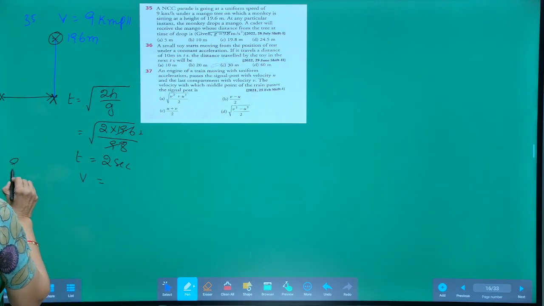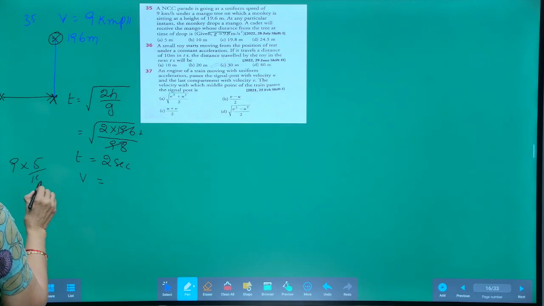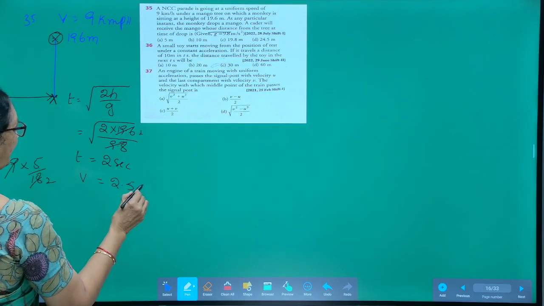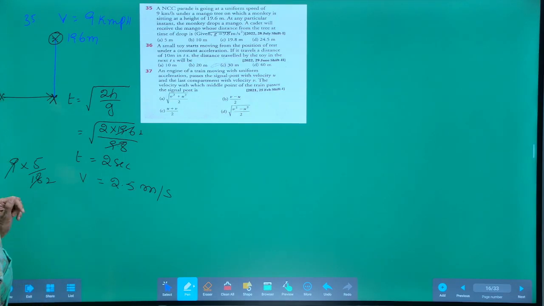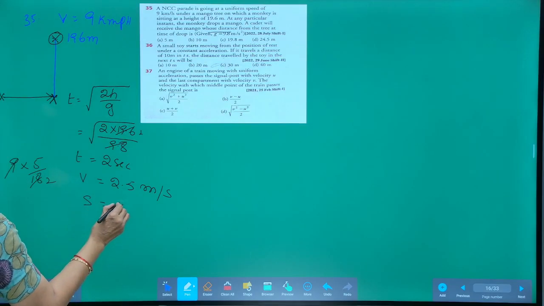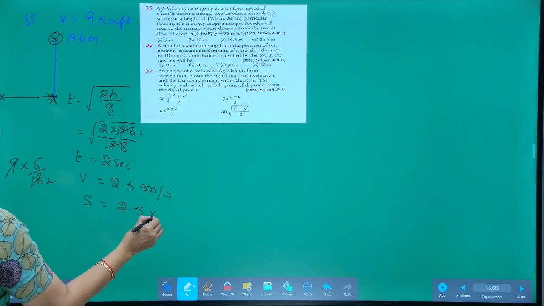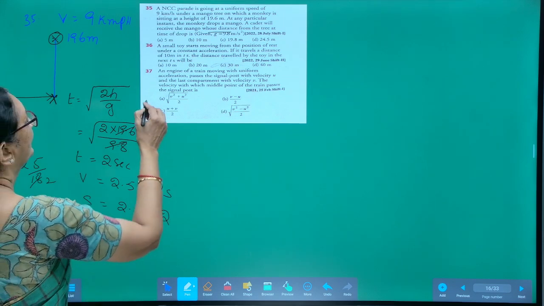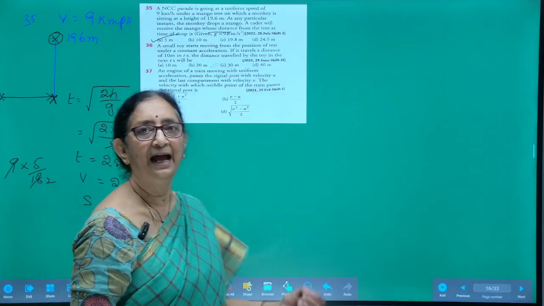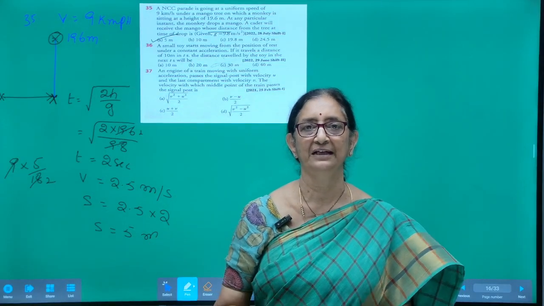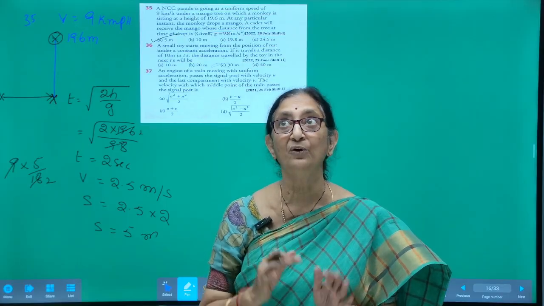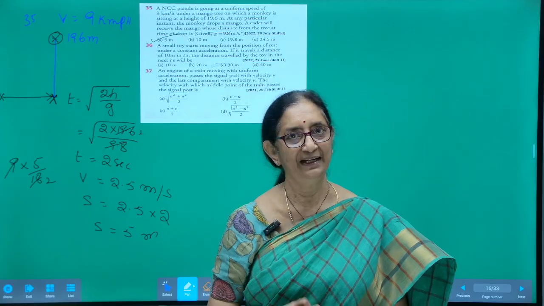If you convert that into meter per second, it is 2.5 meter per second. You have to multiply that with 5 by 18. So S is equal to V into T. 2.5 into 2, that is 5 meters. If the cadet is at a distance 5 meters from the tree, then he can catch the mango dropped by the monkey. Is it clear?